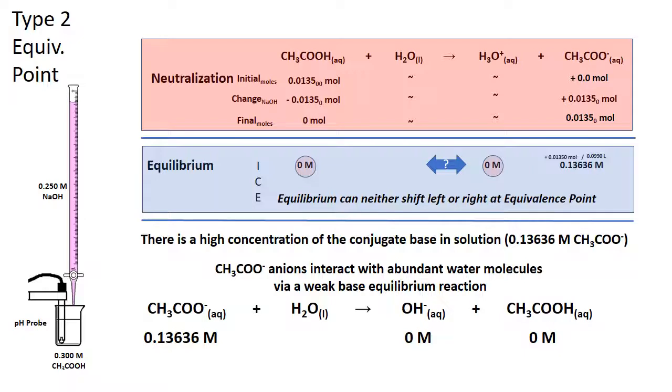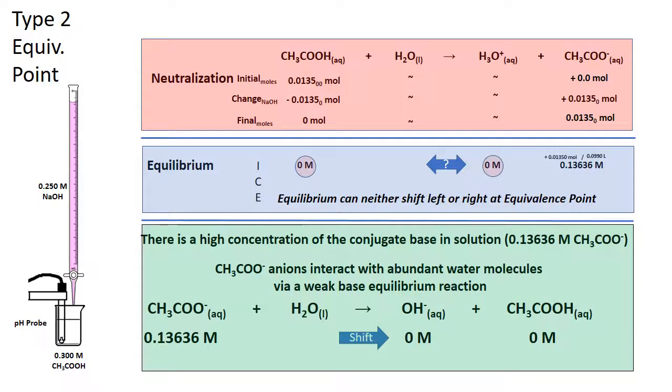Remember, we had neutralized all of these acetic acid molecules with a very specific amount of NaOH, and so their levels are 0 to begin with. And in this case, it becomes quite clear that with both zeros now on the right-hand side, this is an equilibrium that can shift to the right. And that's how we'll proceed in solving for the pH of this solution in the next slide.